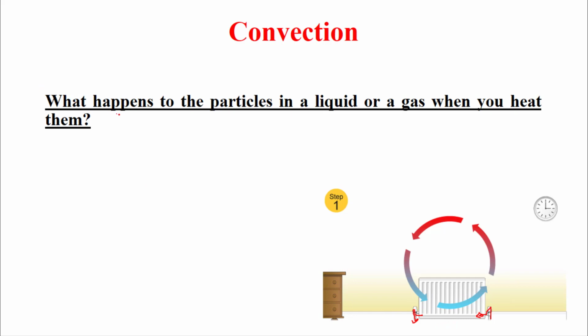Let's see. What happens to the particles in a liquid or gas when you heat them? This is a general question for liquids and for gases. Here we have liquid water flowing at a certain temperature, maybe 70 degrees Celsius, maybe higher. So what will happen?